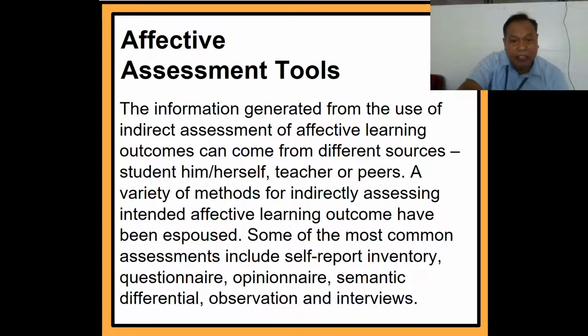The information generated from the use of indirect assessment of affective learning outcomes can come from different sources: the students themselves, the teachers, the peers, and even parents. A variety of methods for indirectly assessing intended affective learning outcomes have been espoused.